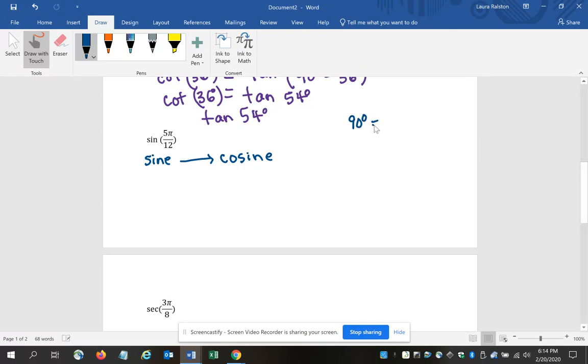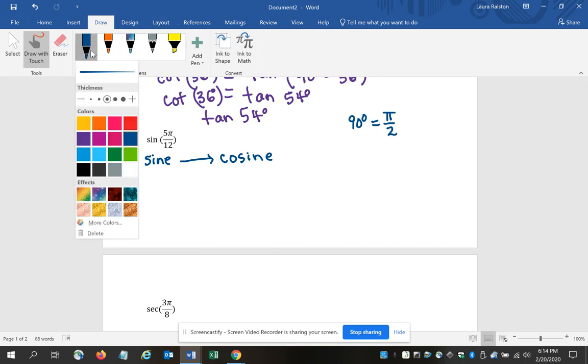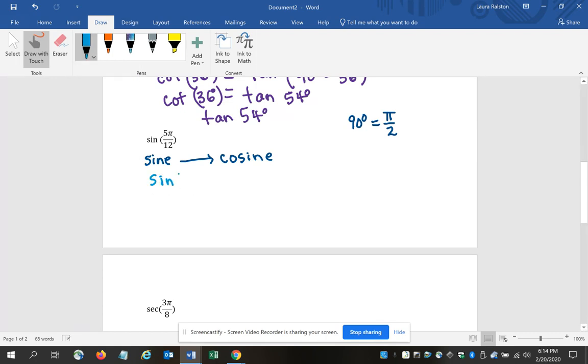You need to remember that 90 degrees is the same as pi halves. So if I'm thinking about it from a formula perspective, I would have the sine of 5 pi twelfths is equal to the cosine of pi halves minus 5 pi twelfths.